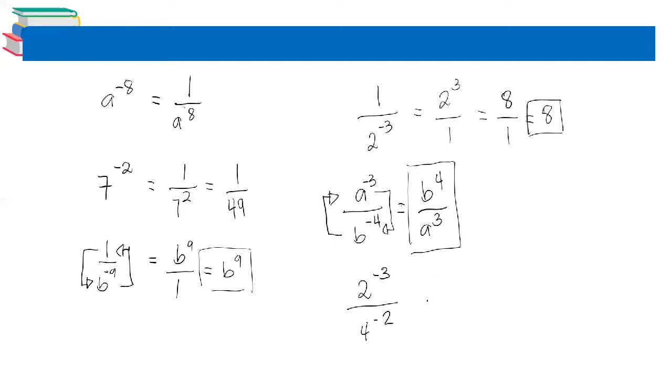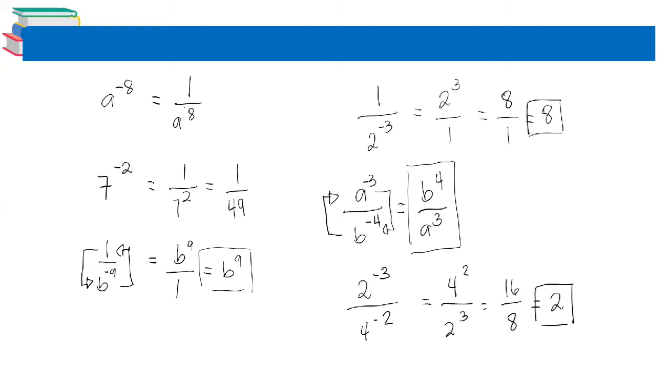Therefore, it becomes 4 to the 2nd power over 2 to the 3rd power. Then, we can solve the numerator and the denominator first before simplifying. Therefore, it becomes 4 squared is 16 over 2 cube is 8. Therefore, it is equal to 2. So, our answer here is positive 2.